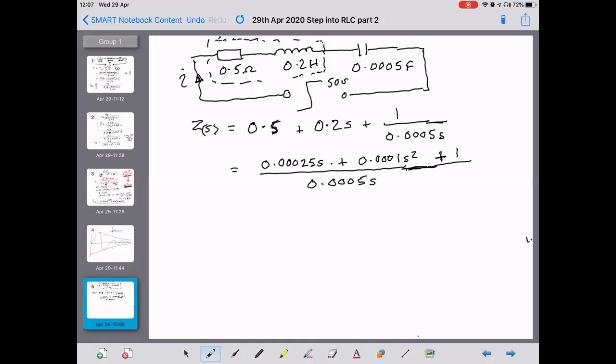Then we bring in the current expression, being 50 over S divided by all of this bit.